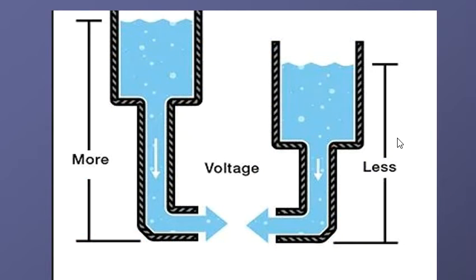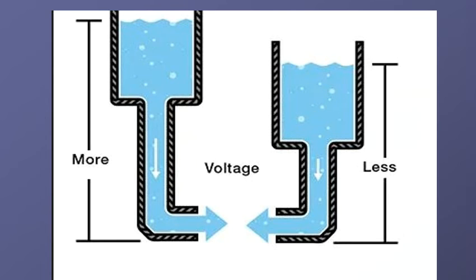Okay, imagine that you have, instead of having electricity, you have water. You have a chunk of water, and you have this other chunk of water. This one is higher than this, so it means that in this one we have more energy. So it's like the voltage. This is like a very powerful battery, and this is a battery with less voltage, with a lower voltage.